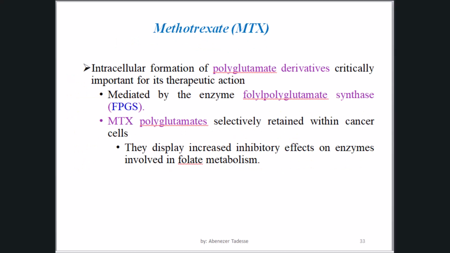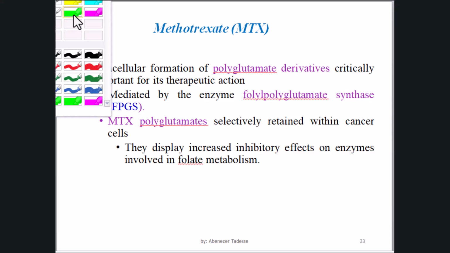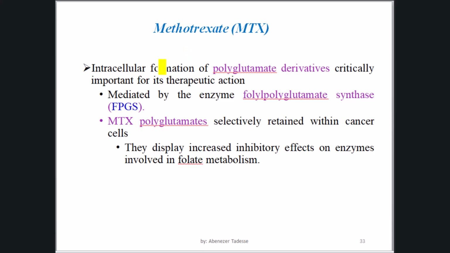Here is an important concept you should know. The first one is that once methotrexate enters the body, intracellularly within the cancer cells it can be polyglutamated, or conjugated with glutamate, forming methotrexate polyglutamate with the enzyme polyglutamate synthase.